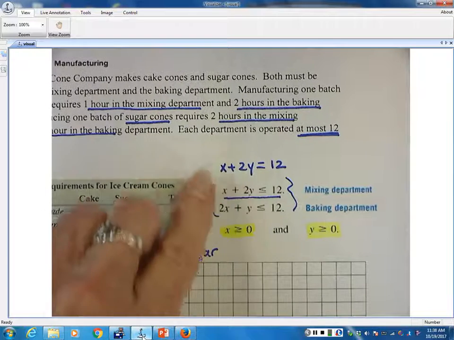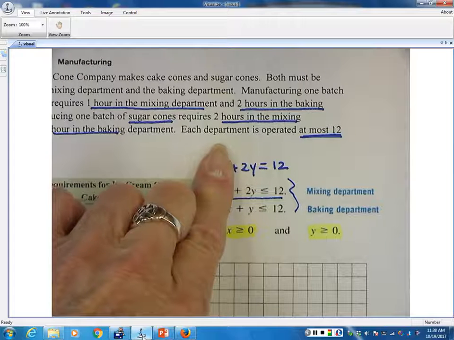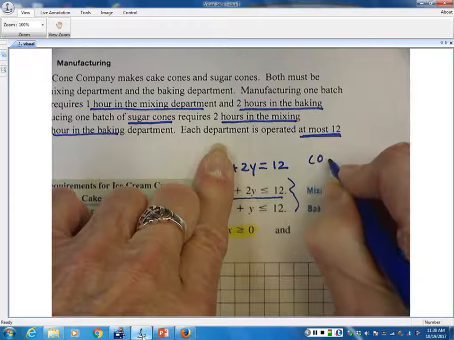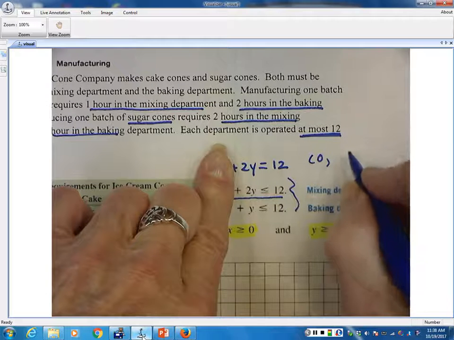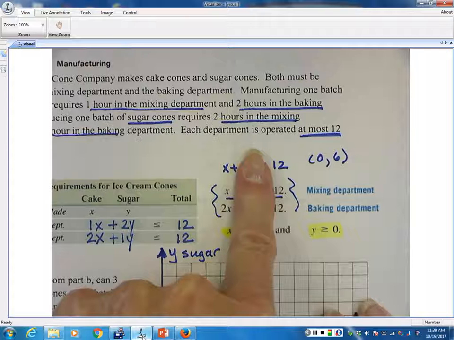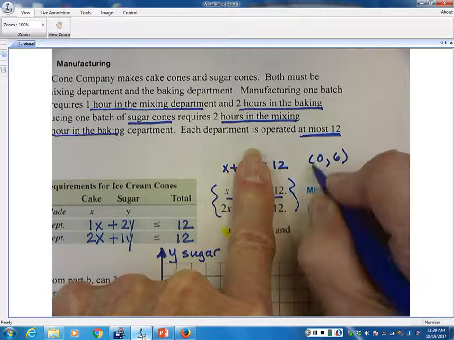12. If I let x be 0, I can just cover up x and say 2y equals 12. Let's see, if 2y is 12, y is equal to 6. And then if I let y be 0, that means x is equal to 12.